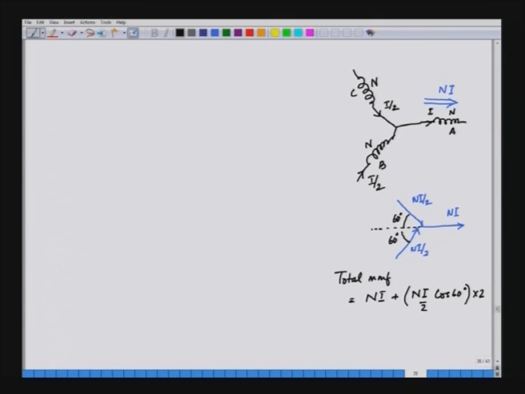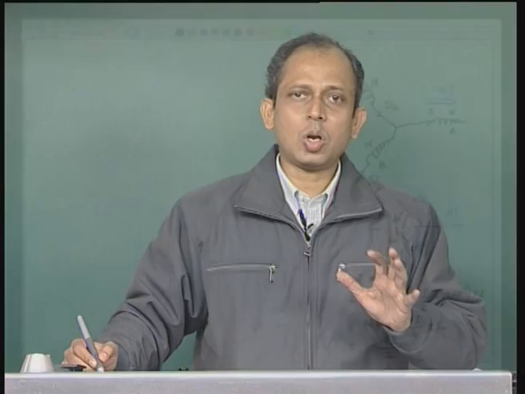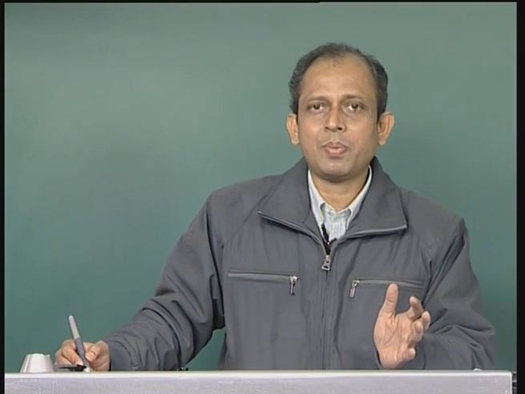Now, cos 60 is half. So, we have Ni plus Ni by 4 into 2, and that is 3 Ni by 2. So, what we see here is that when we excite all 3 windings, we get an MMF that is 3 by 2 times Ni compared to when we are exciting a single winding.